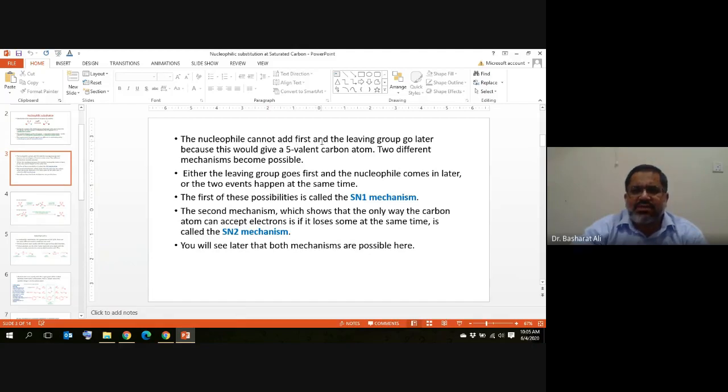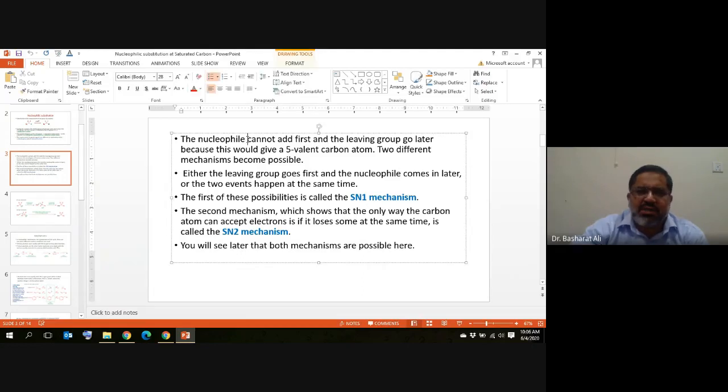On the next slide we see that the nucleophile cannot add first and the leaving group go later, because this would give a bivalent carbon atom. Two different mechanisms become possible. Either the leaving group goes first; you should be clear about this, that the nucleophile cannot add first.